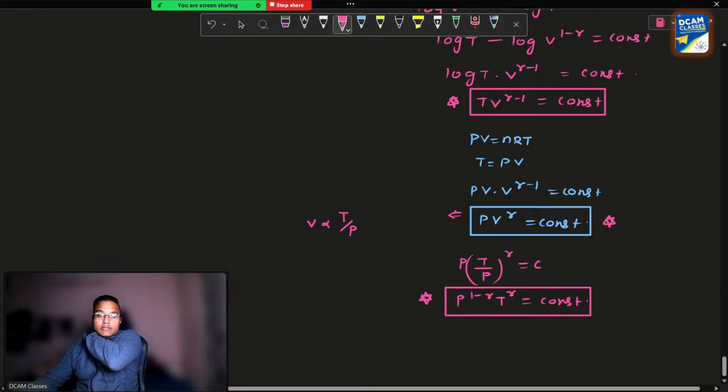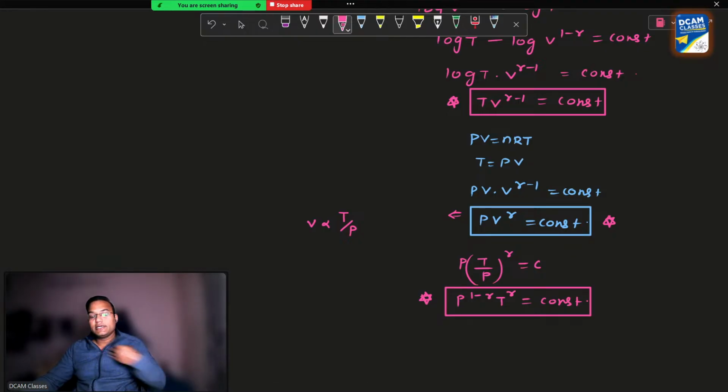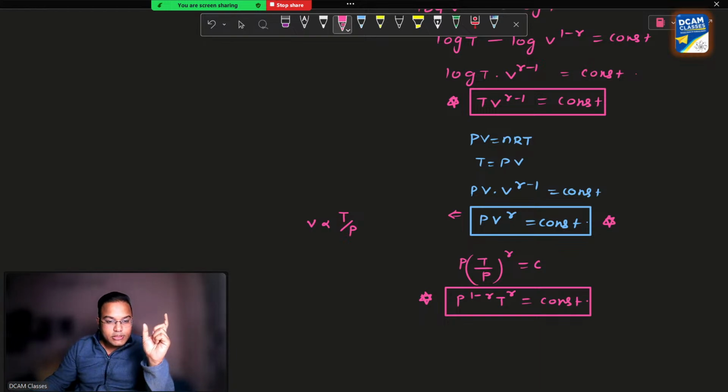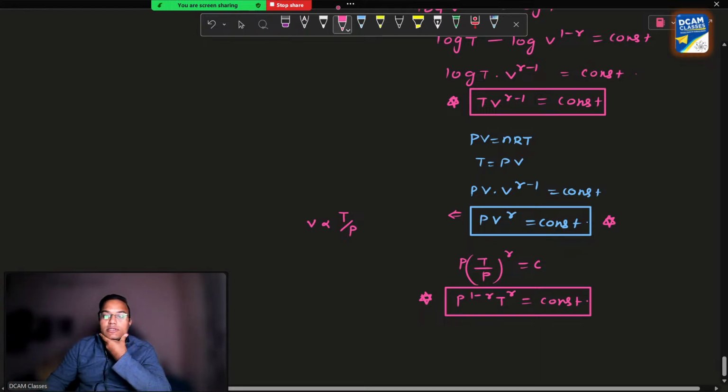And once you know this, if you want a relation between the two points which are undergoing adiabatic process, you can relate them by using any of them. Means PV power gamma is constant. Use PV is equal to nRT and then find out the relation between T and V if you want, or P and T if you want. Remember any one of them.